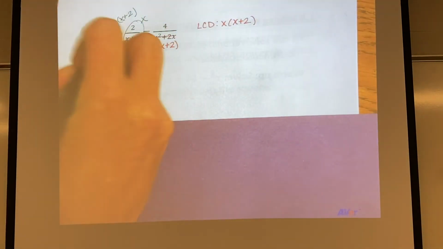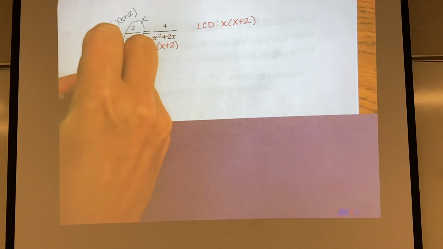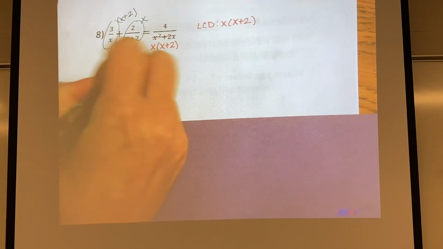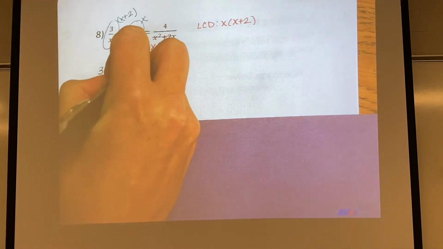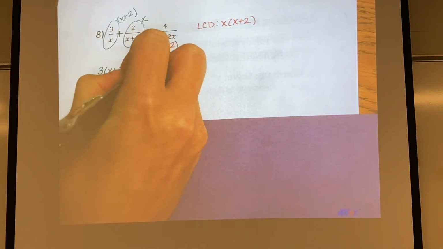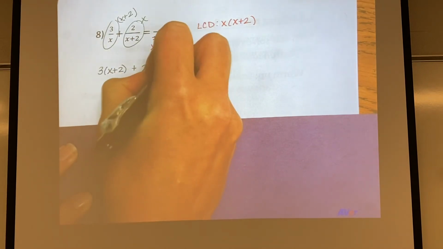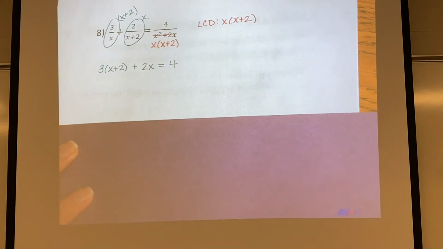So we'll take that first one, 3 times x plus 2, and it would be over x times x plus 2, that LCD, but if you remember from the last one, all of our denominators are going to eliminate, so we don't even have to write them there anymore.